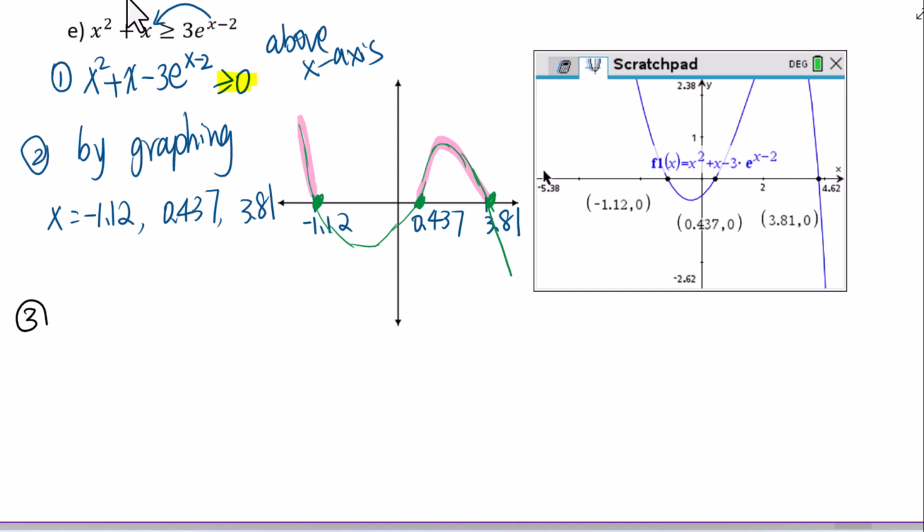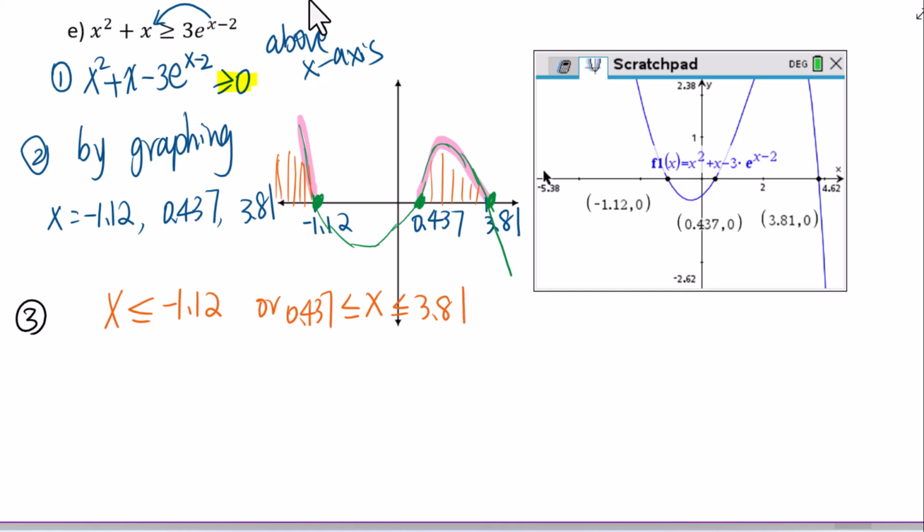Last step, write down the solution. This part and this part. So x less than or equal to negative 1.12 or x greater than or equal to 0.437 and less than or equal to 3.81.